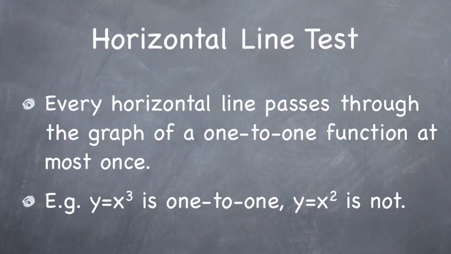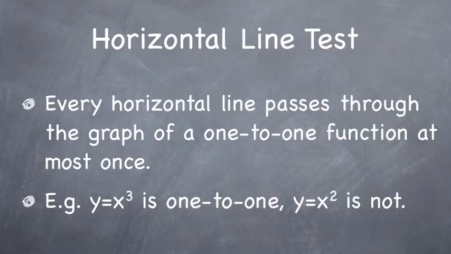We're going to consider it to be a one-to-one function because that would mean that there are no y values that are repeated. However, if there's even one horizontal line that passes through the function more than once, so two or more times, that automatically means that it is not a one-to-one function.